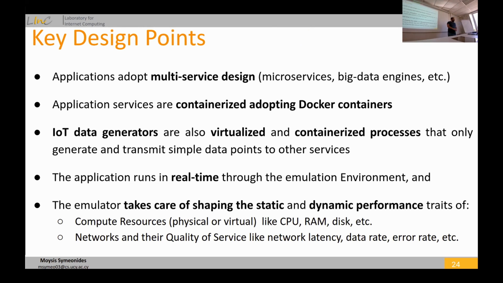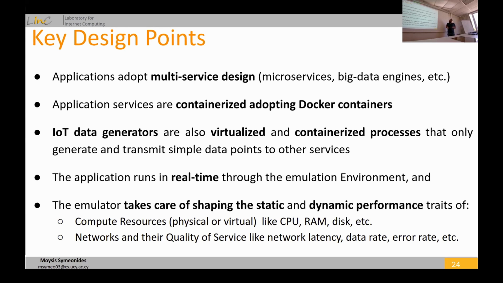Before continuing, let me introduce some key design points of our framework. First of all, we can emulate applications that adopt multi-service design. With multi-service, we are talking about microservices applications, big data distributed engines, distributed machine learning frameworks, and generally every application that has more than 2 services.